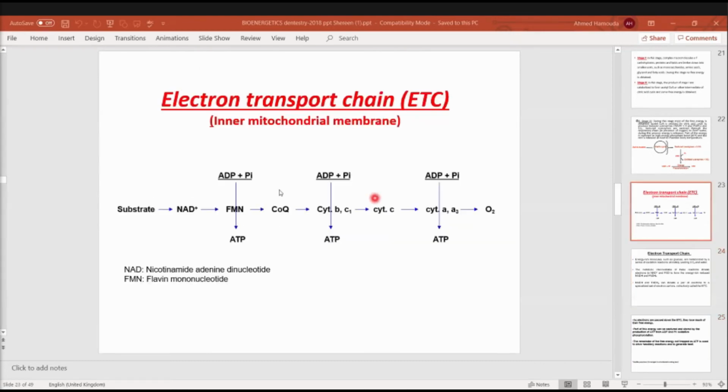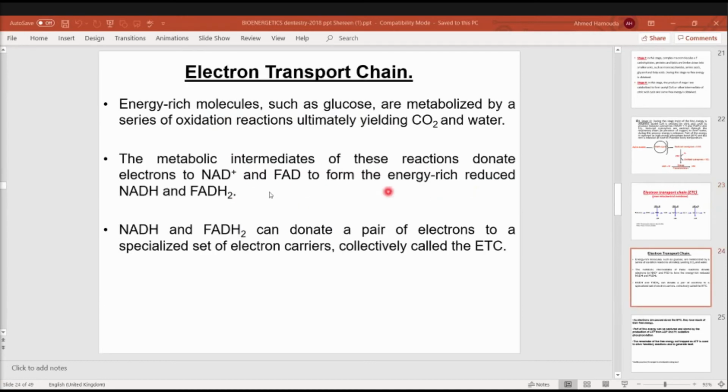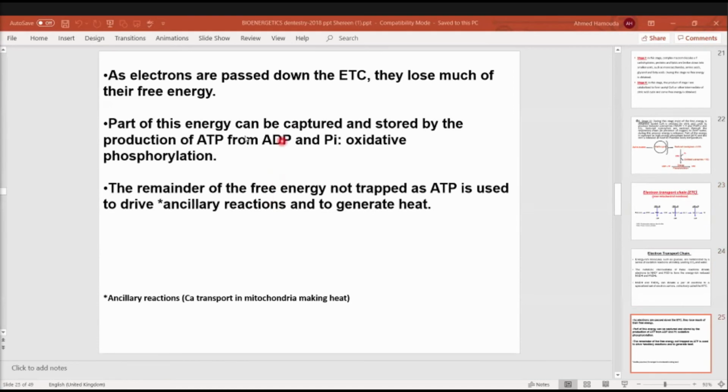So this will be captured when the energy is moved. It will be captured and transformed into ATP by adding Pi to ADP. So this is what it means.